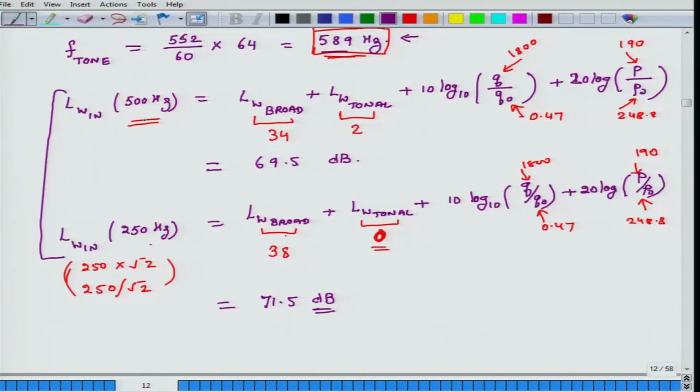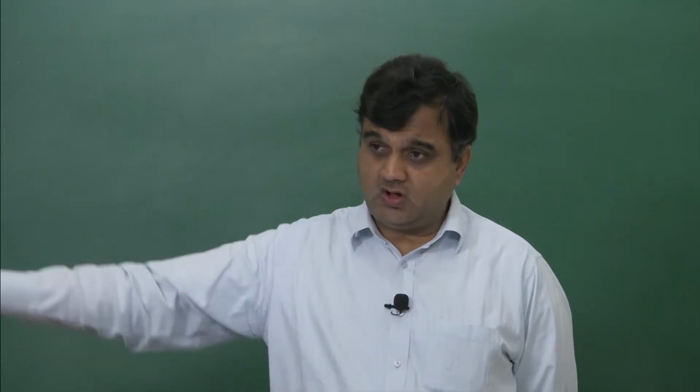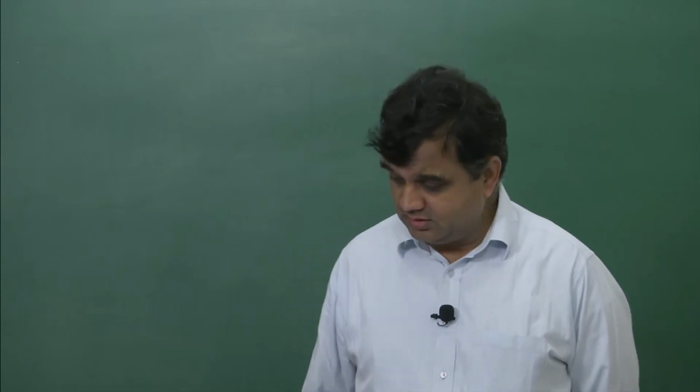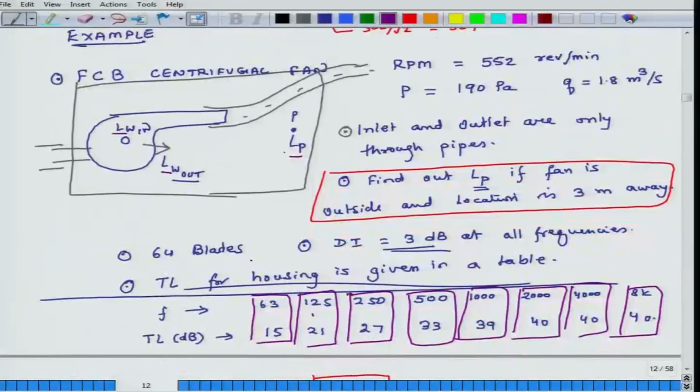So, I have calculated LW in for 500 hertz, I have calculated LW in for 250 hertz, and similarly we have to calculate for 63, 125 and all other frequencies. Okay. So, you understand this. So, next what did we say? We have to do LW in, then we calculate LW out.